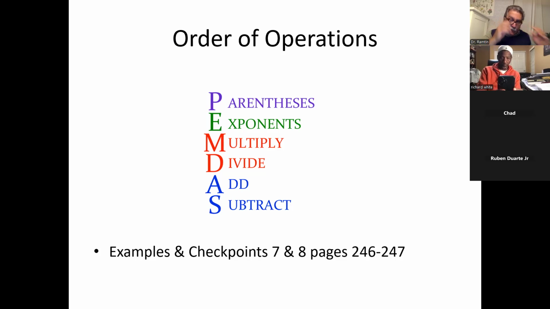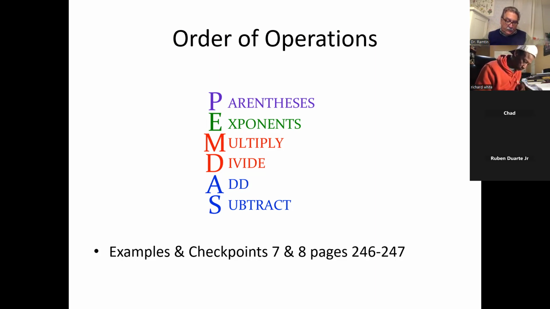Let's look at pages 246 and 247. For example, on 246, example 7 says simplify 6 to the power of 2 minus 24 divided by 2 to the power of 2 times 3 plus 1.